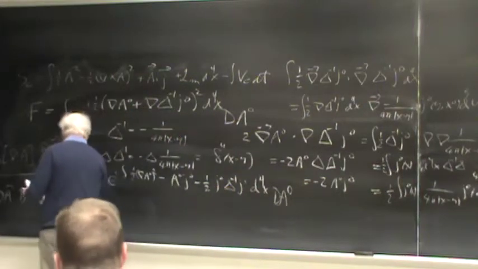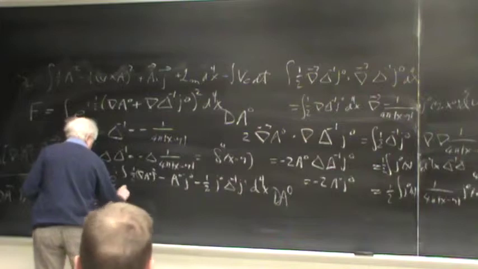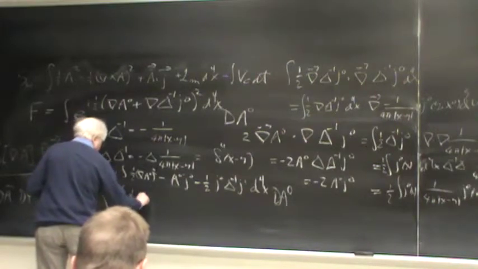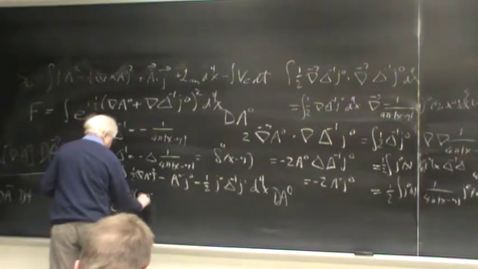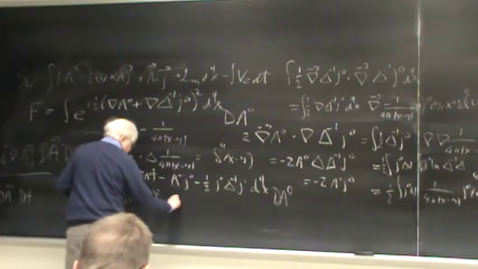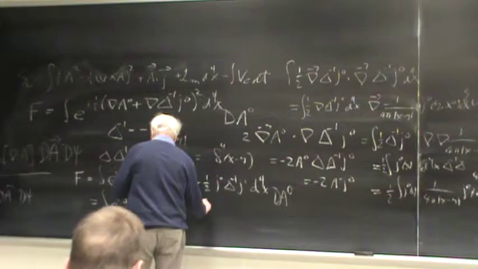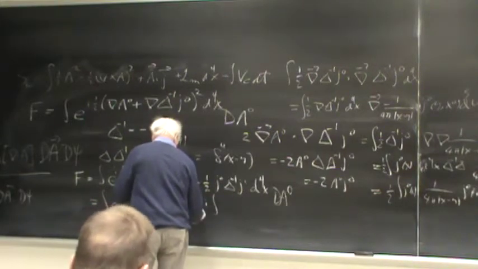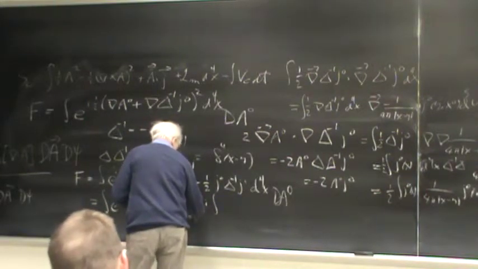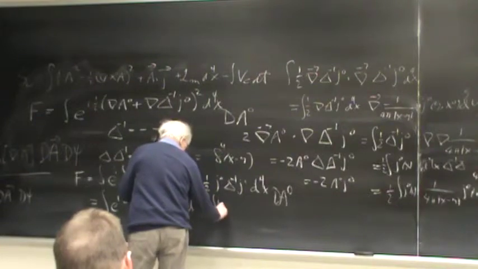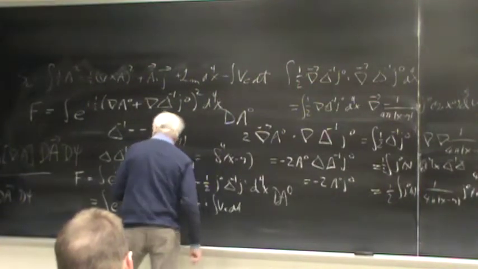And another way of writing that is e to the I integral 1/2 grad A0 squared minus A0 J0, and then this is plus I, well, d4 x say, plus I VC dt.